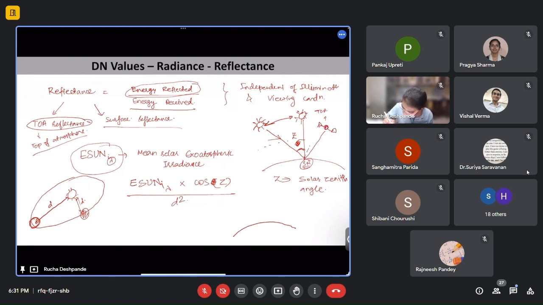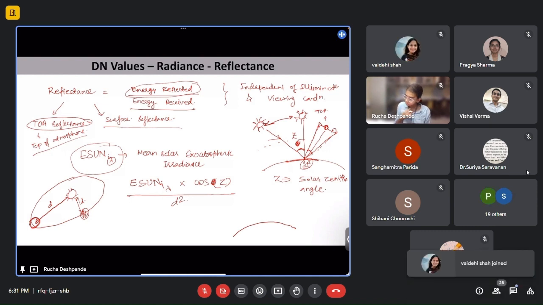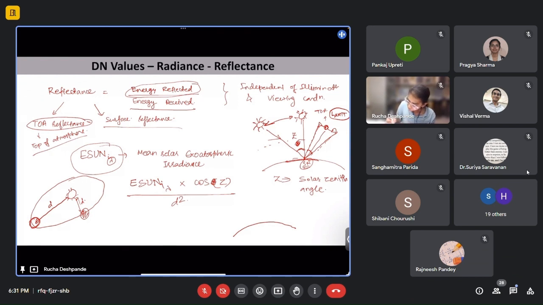So assuming that this is a Lambertian surface, the energy reflected in this case will be equal to spectral radiance into pi. So our formula for reflectance becomes... so this is the solid angle formula.